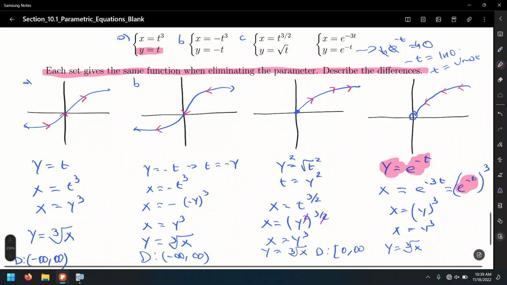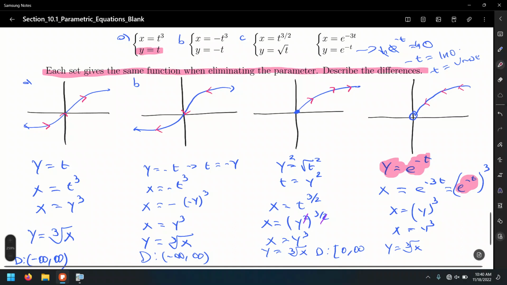The second case designs the pattern to go from east to west, and the third set of equations describes the particle to travel from west towards the east, however, starting at the origin, not coming from the west actually. And the last case scenario, well, it's coming from the east and it's sort of trying to get to the origin, but because of this restriction of the exponential function, it's never going to touch that origin.